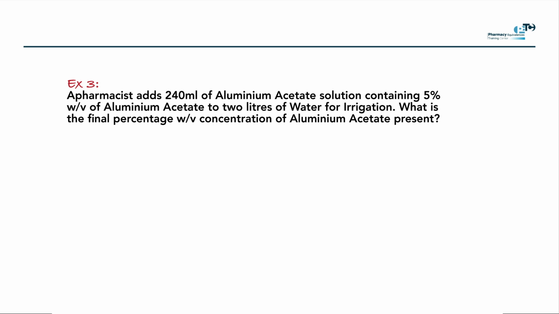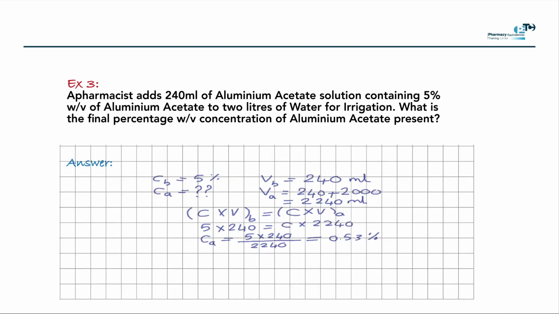We make a dilution with a solution of 240 milliliters containing 5% aluminum acetate. So the concentration before here is 5% and the volume before is 240 milliliters.